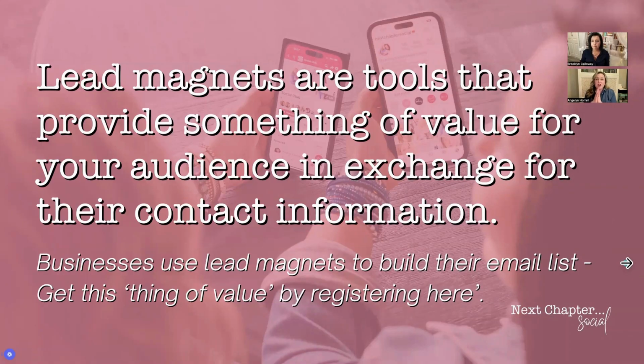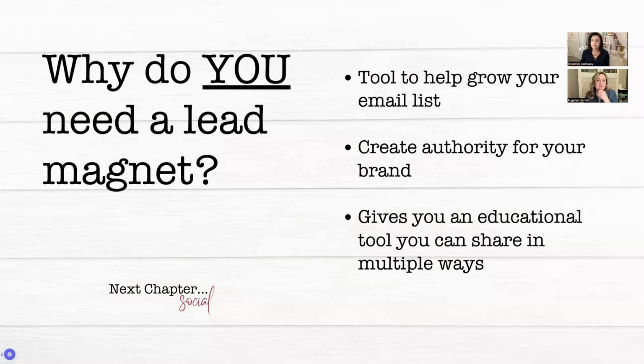Lead magnets are tools that provide something of value for your audience in exchange for their contact information. Businesses use lead magnets to build their email list. You get this thing of value by registering here. You probably see these all the time, whether or not you're registering, that's what you're doing. We'll talk about some more fun examples here for you to see.